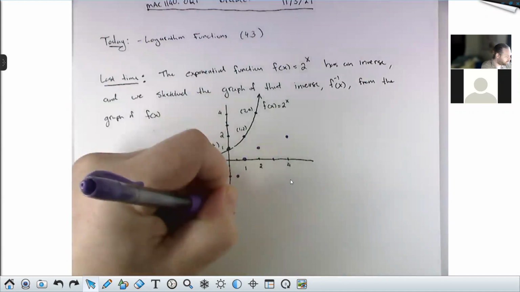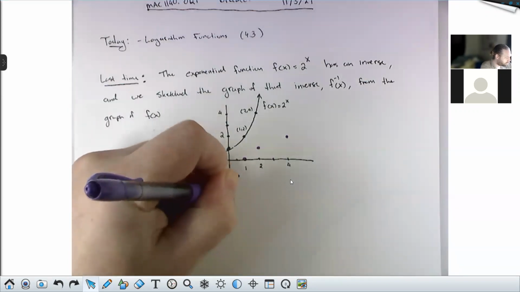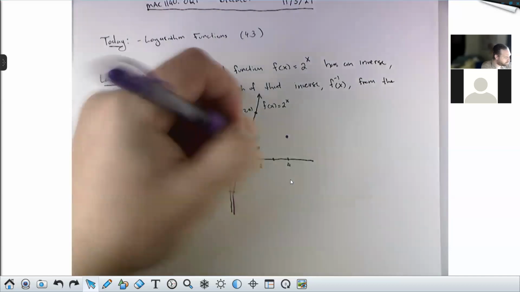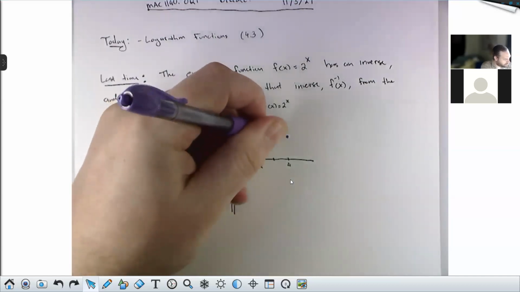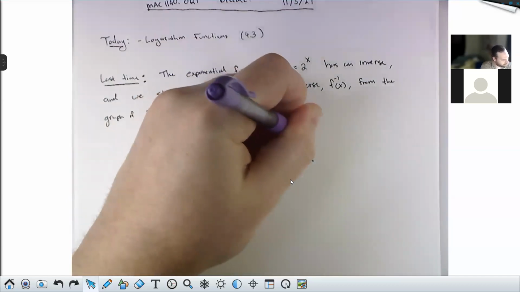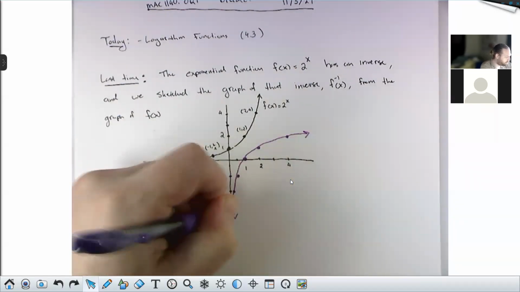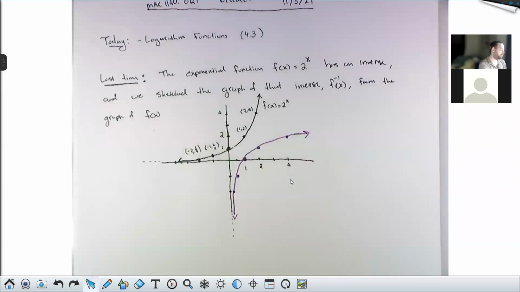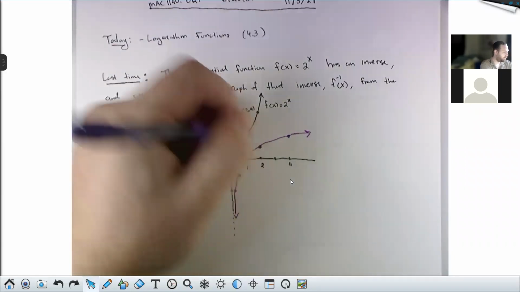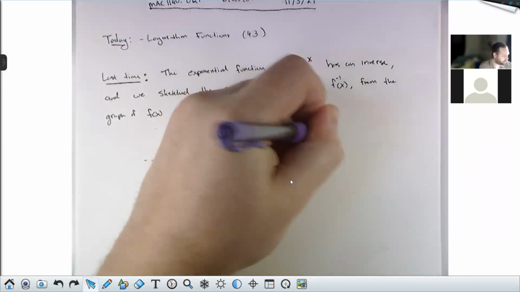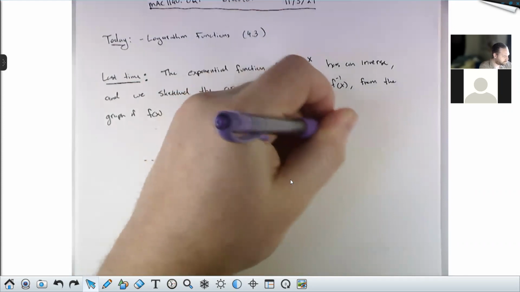So the inverse function, whatever that is, has to look something like this. So this is the graph y equals f inverse of x.